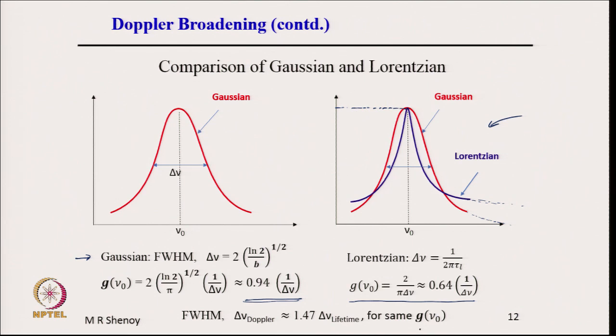Therefore, for the same value of g of nu 0, that is what we have shown in the figure, what is plotted is the distribution g of nu, and the peak value is for the same value of g of nu 0. The Doppler, that is the Gaussian, has a wider width, more than the delta nu due to lifetime, by 1.47. This is just out of curiosity.